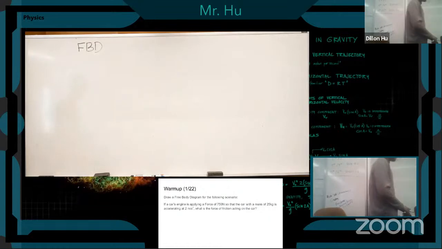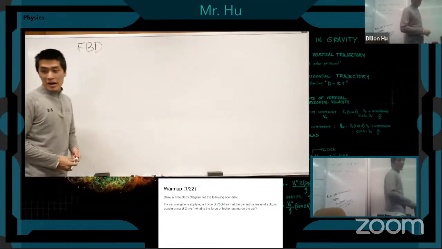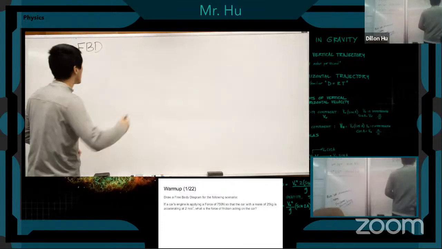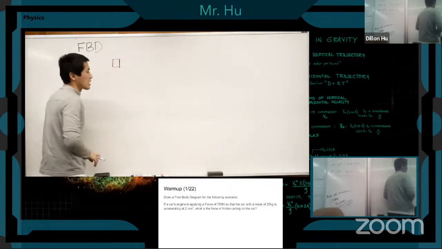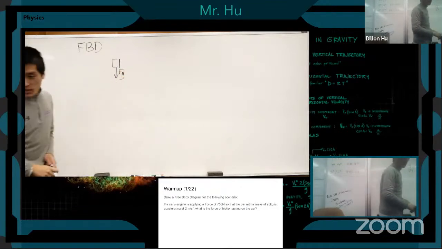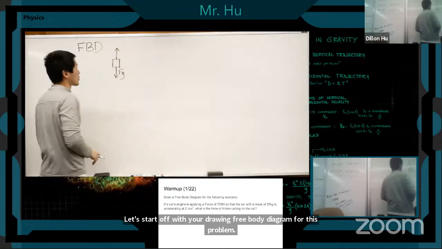So let's start off with drawing a free body diagram for this problem. For starters, there's always the force of gravity acting on an object down. In this case, the car is not going to be accelerating up or down, so you know that there has to be a force pushing it upwards.